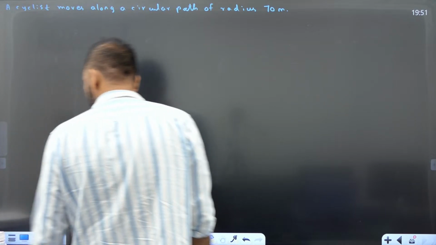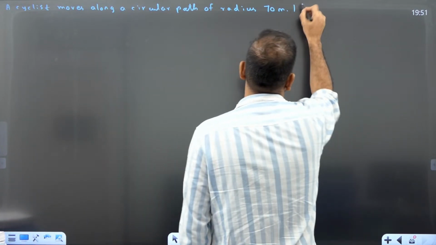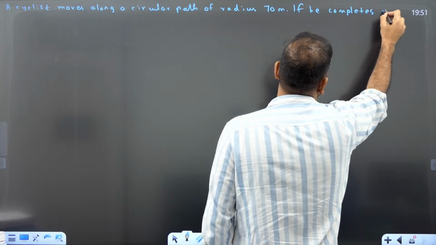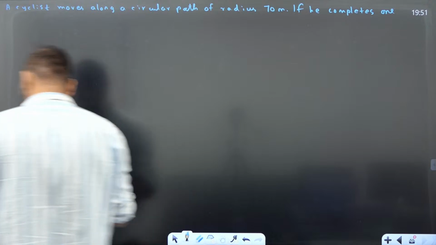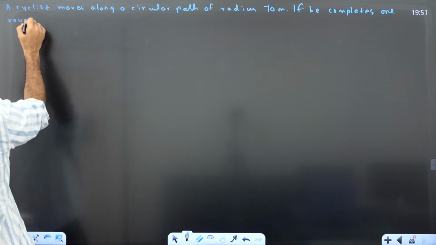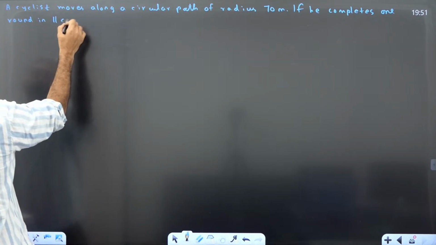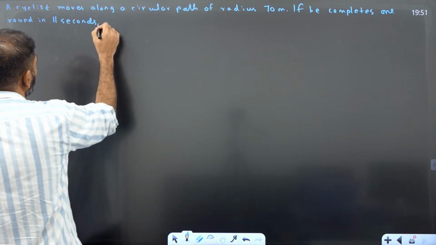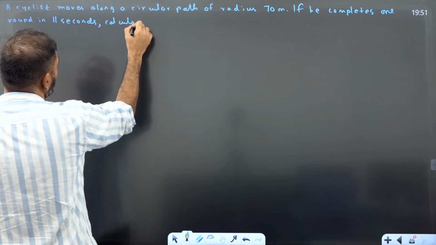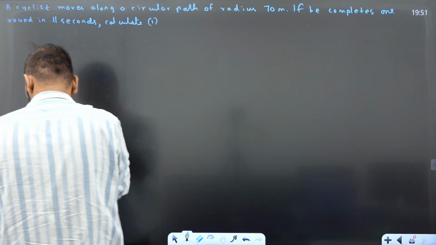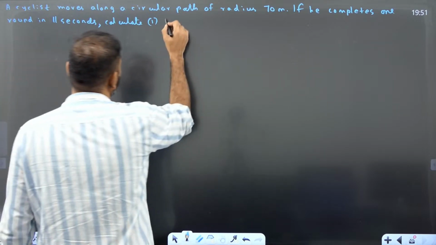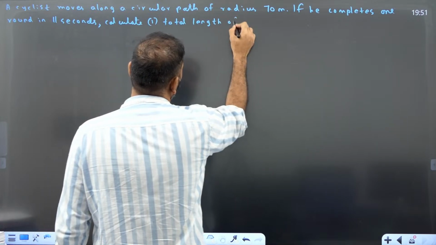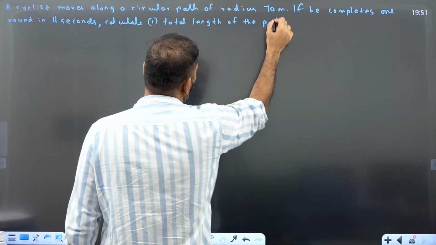If he completes one round in 11 seconds, calculate the first one, the total length of the path.